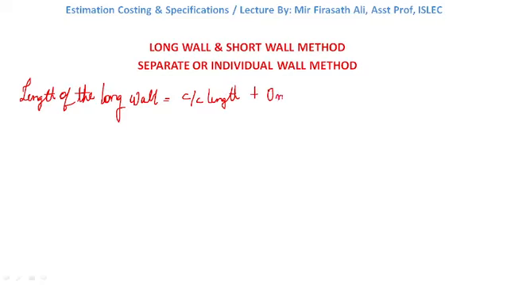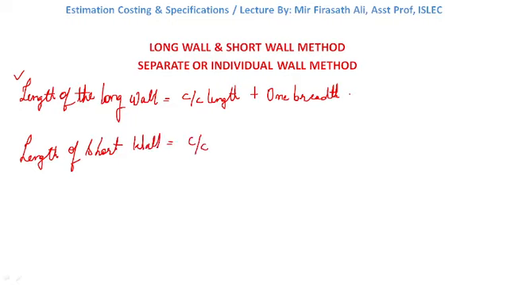If the plan is symmetrical, we get the formula of length of long wall as center to center length plus 1 breadth, whereas the length of short wall we get as center to center length minus 1 breadth.